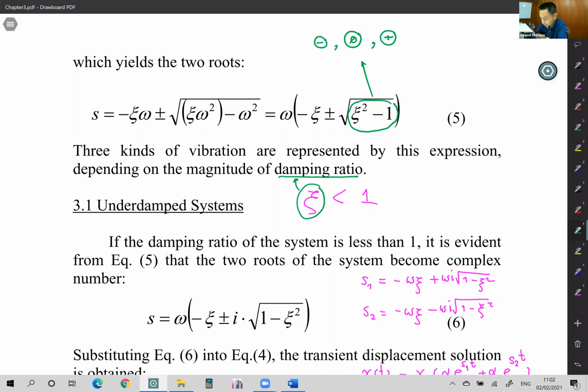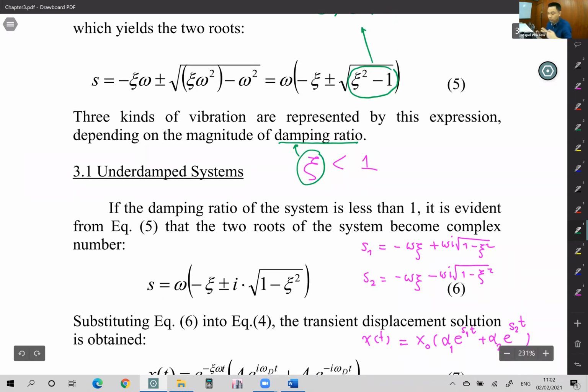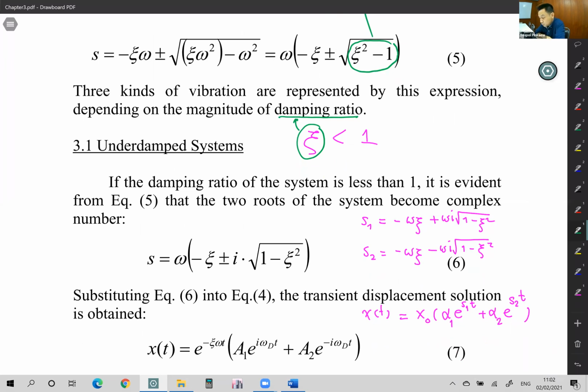That's why we can have S be a complex number. And since your S takes two roots, your S now becomes what we call a complex conjugate. You have S from equation 5. Once you assume that psi is less than 1, you can have the solution as in equation number 6, in which S becomes omega multiplied with minus psi plus and minus I multiplied with the square root of 1 minus psi squared.